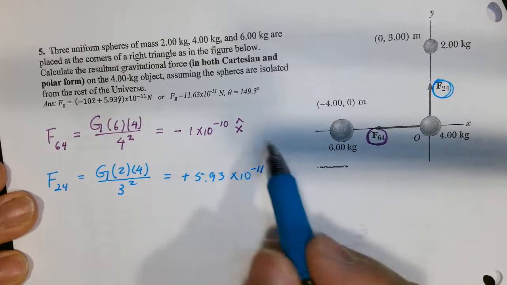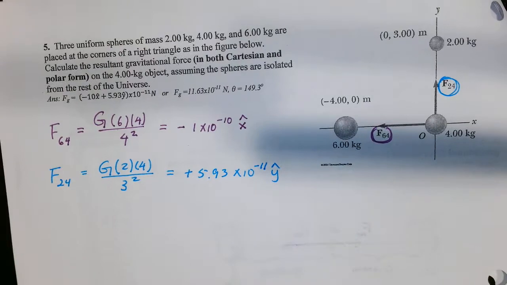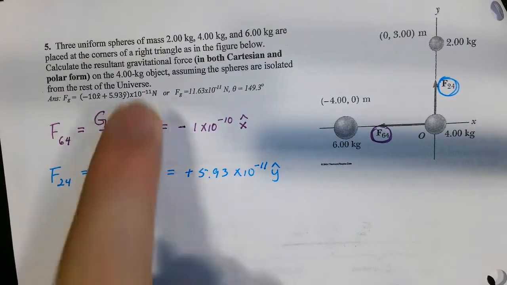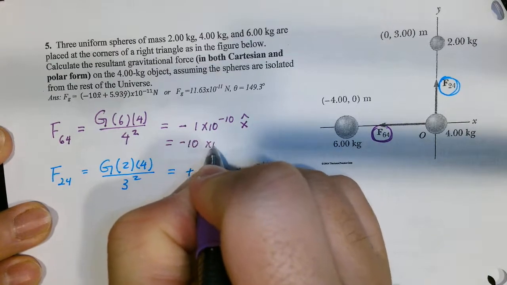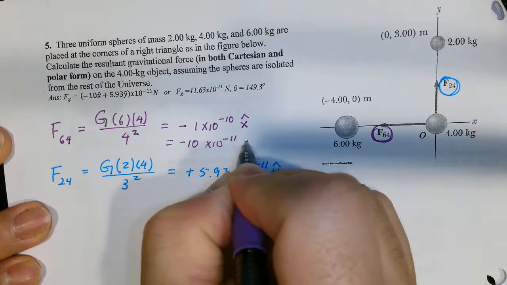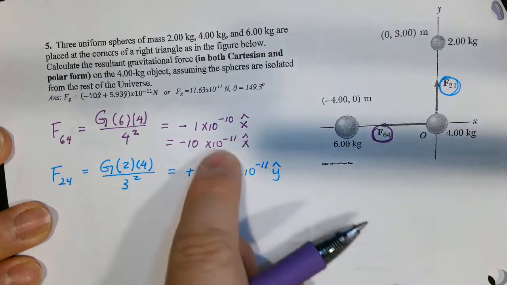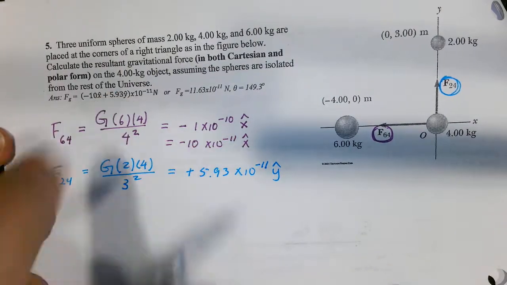So I guess they put this in the same magnitude for the answer here, so this is the same as saying negative 10 times 10 to the negative 11th x hat. So that's how they factored out this term for this answer.